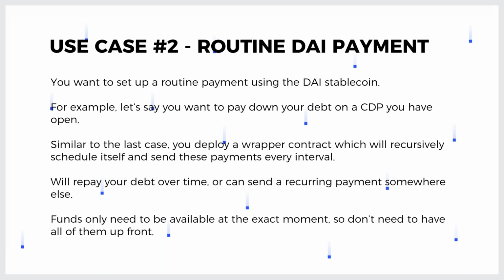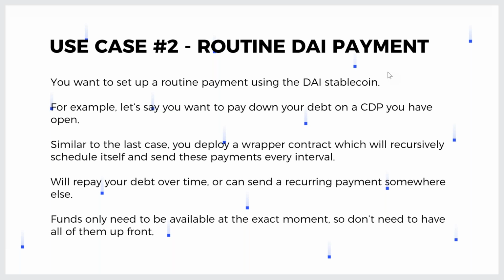What that would look like is actually something really similar to what we had in the last example. You would create a wrapper contract like we did in the last example, except those last 5 lines of code that would check the safety of your CDP, now we'll just send some DAI instead.